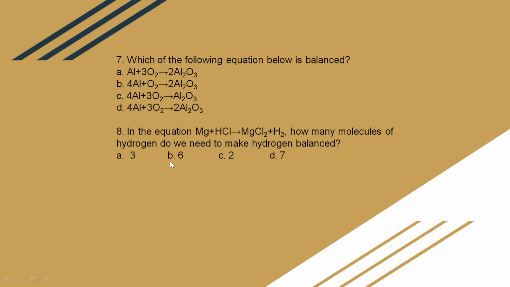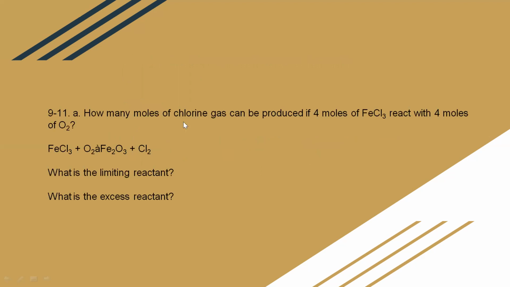A, 3. B, 6. C, 2. D, 7. Numbers nine to eleven: how many moles of chlorine gas can be produced if 4 moles of iron chloride react with 4 moles of oxygen gas? This is the equation. What is the limiting reactant? And what is the excess reactant?